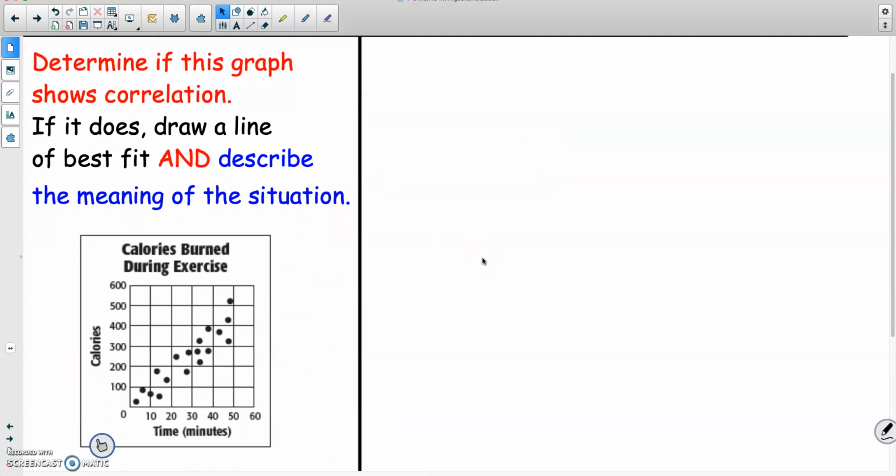Okay, now we have the next three questions asking, does the scatter plot show correlation? If it does, draw a line of best fit and describe the meaning. So here's my line of best fit. Describing the meaning, looking at the labels on this graph, first off, I need to say it's positive correlation. I almost got ahead of myself. So positive correlation.